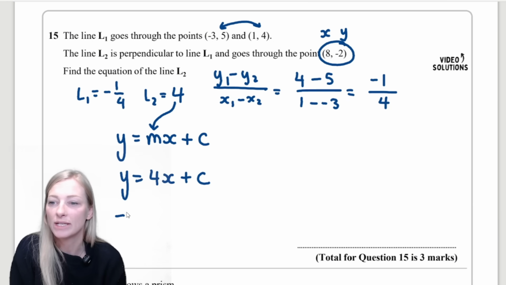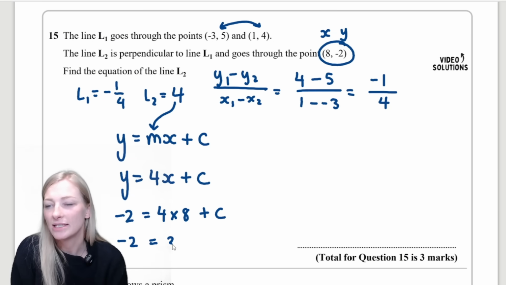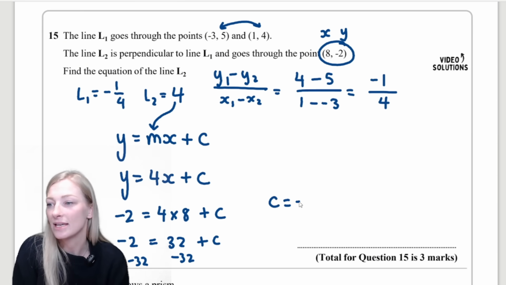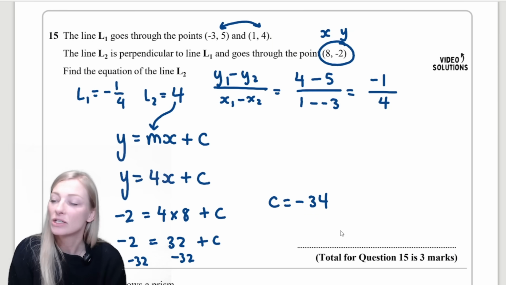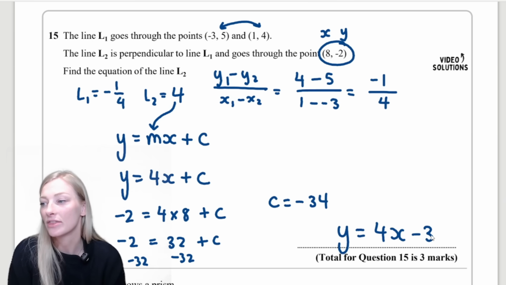I'm going to change y to be -2, and I'm going to change x to be 8. So 4 times 8 add c. -2 is 32 add c. And if we take 32 away from both sides, we get c to equal -34. So the equation of the line is y equals 4x -34.